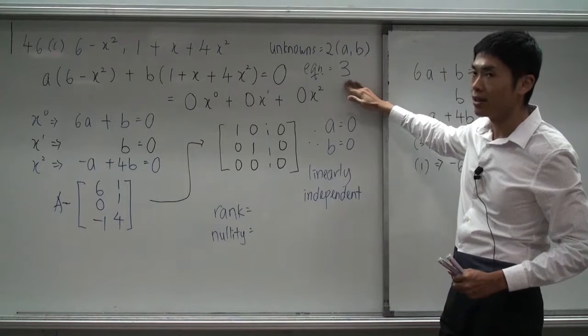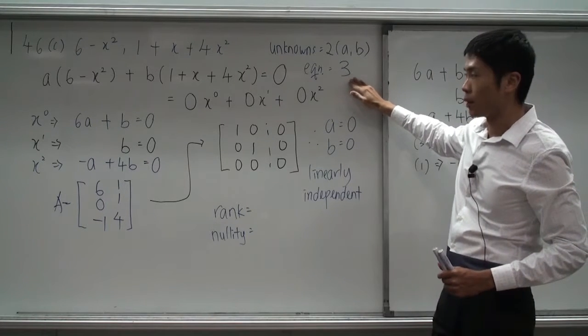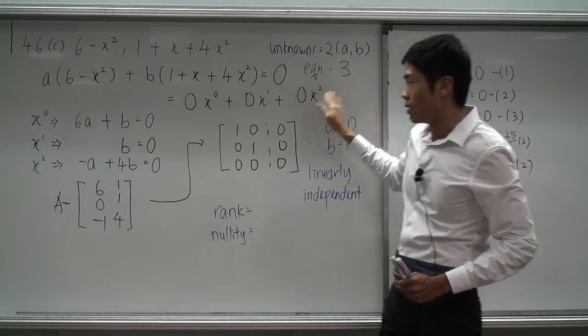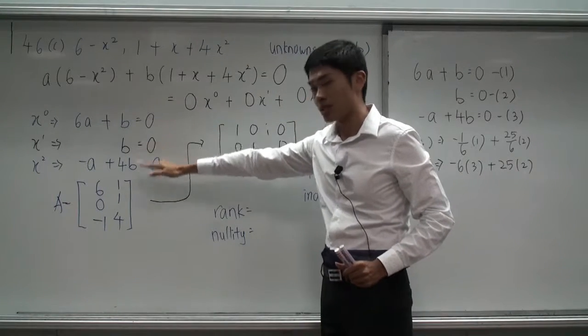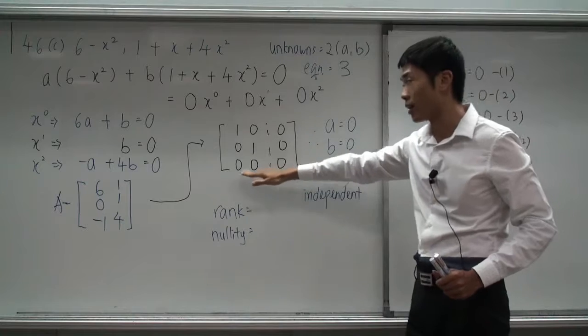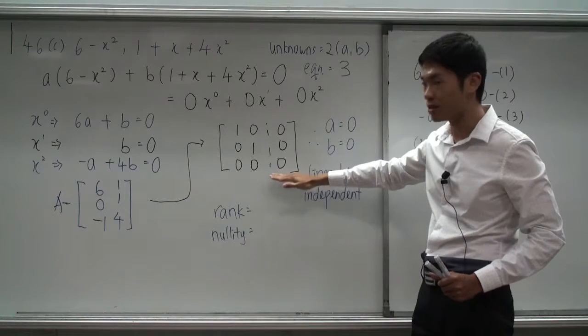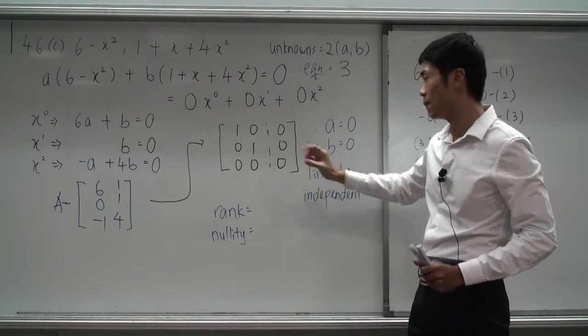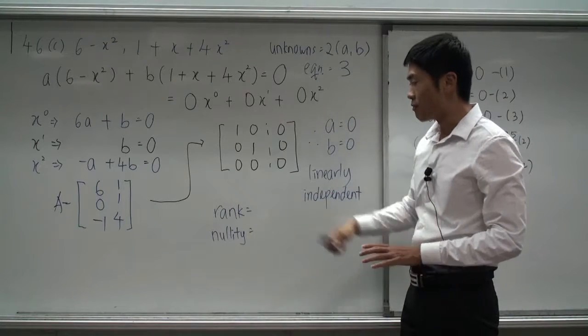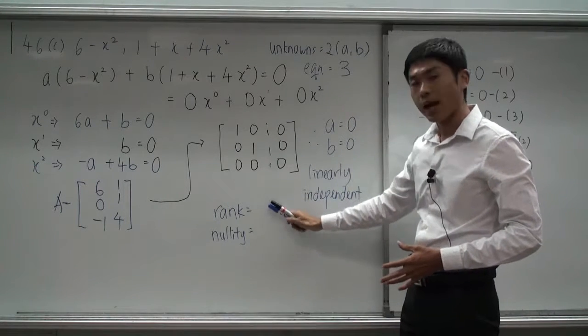We have one extra or redundant equation, where when you put it into this matrix system and row reduce it, you get a row with all zero entries. Okay, clear? And remember from the previous example, we learned about the rank and the nullity.